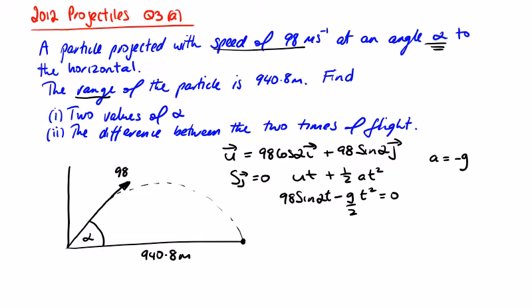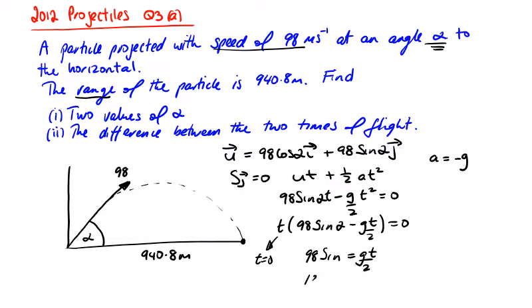If we factor out my t, I'm going to get 98 sine alpha minus gt over 2 equals 0. So my initial time of t is equal to 0, and 98 sine alpha would have to be equal to gt over 2 for the bracket to be equal to 0.